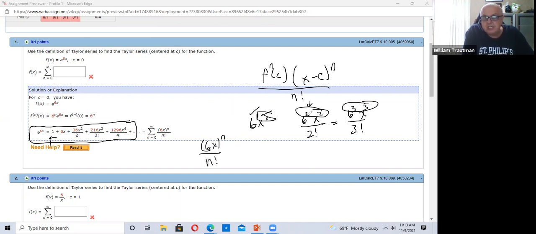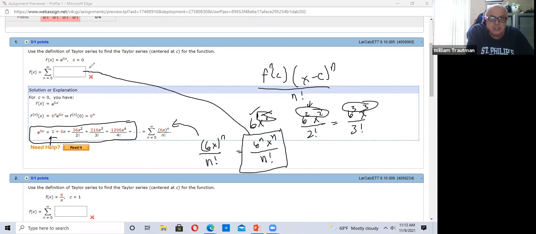So if you look at that, this is how we ended up getting this. And even if you wrote it like this, which is mathematically the same, I think the homework would mark it correct.